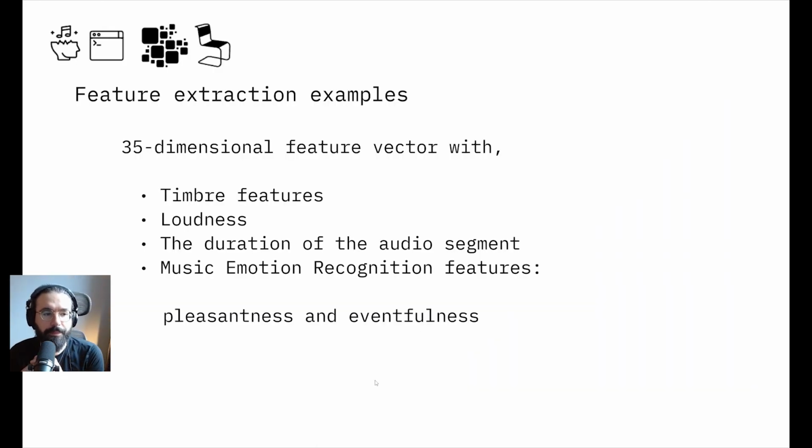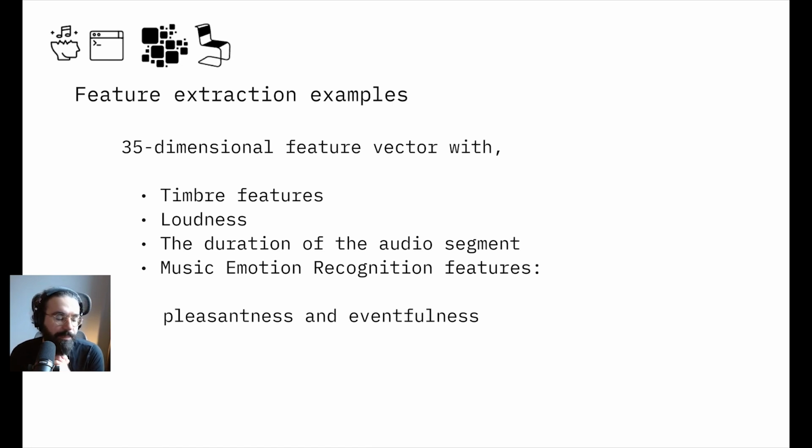In that example, we had a feature extraction in which we were calculating 35 dimensions, 35 numbers on an audio sample. And those numbers consisted of timbre features, loudness, the duration of the audio segment, and musical emotion recognition features. In regards to timbre features and loudness, we were calculating the statistics on those features because we have a varying duration in audio samples.